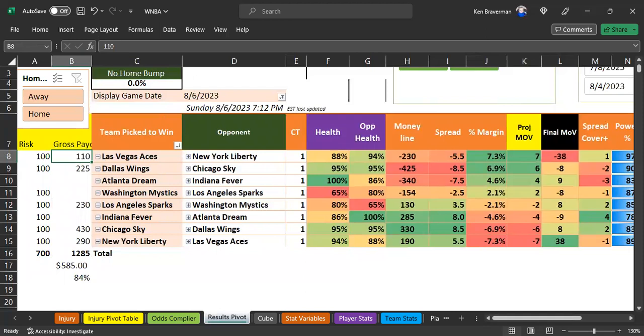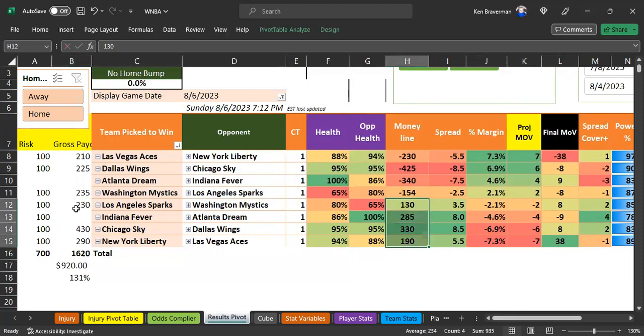So let's talk about what the potential wins would have been. The Dream, you'd never get a chance to do anything with them. And the Mystics, you could have got in the first half at like plus 135 also. Okay, so what ends up happening here, though, is basically the wagers you do make, you just started.